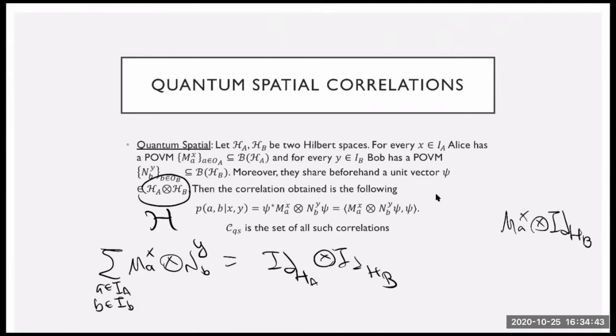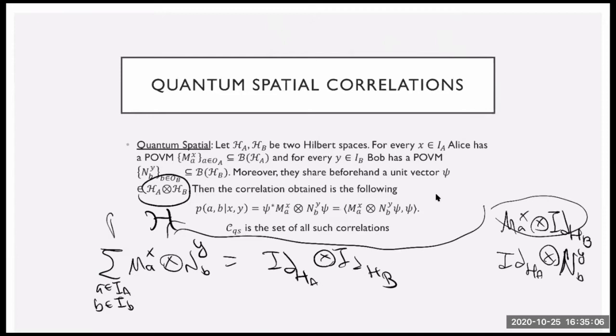And these N_B^y are exactly the identity on HA tensor N_B^y. And these operators come from B(H). So these are bounded operators on the tensor product, and they commute with one another.